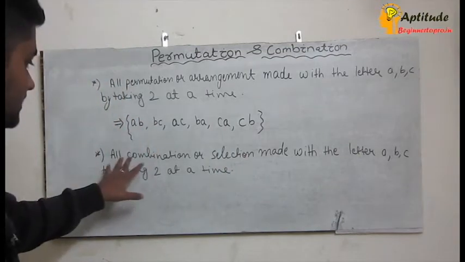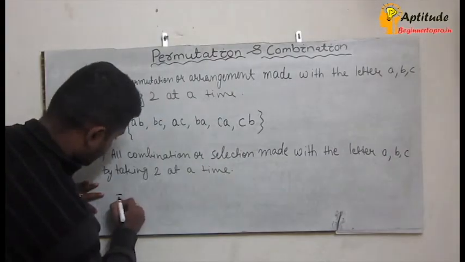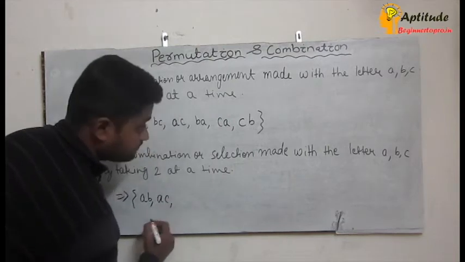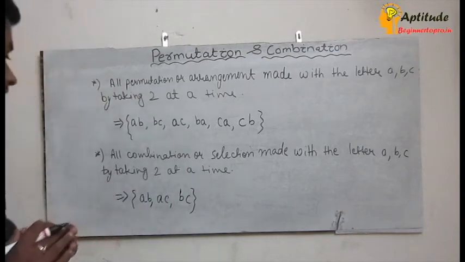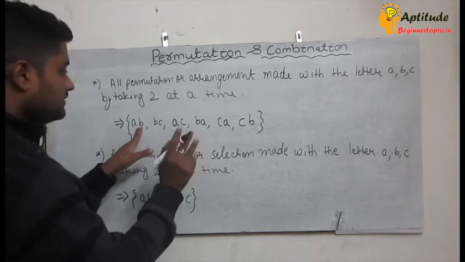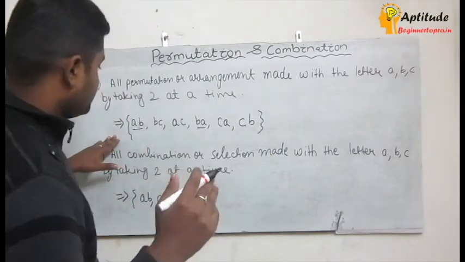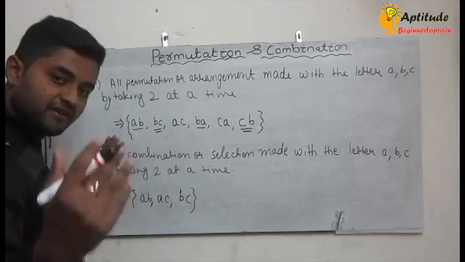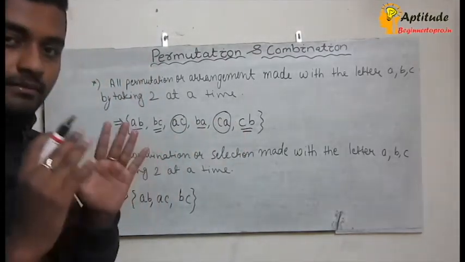And what are the combinations made with the same letters by taking two at a time? The combinations are AB, AC, BC. The major difference here is that in permutation, always remember that AB and BA are different permutations. Similarly, BC and CB are different permutations, and AC and CA are different permutations.